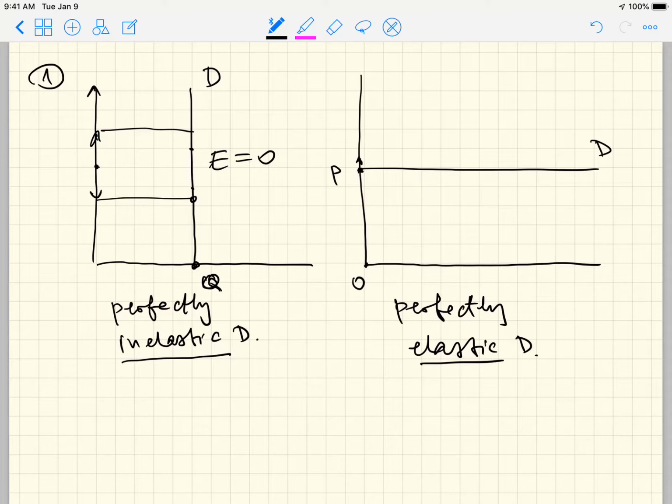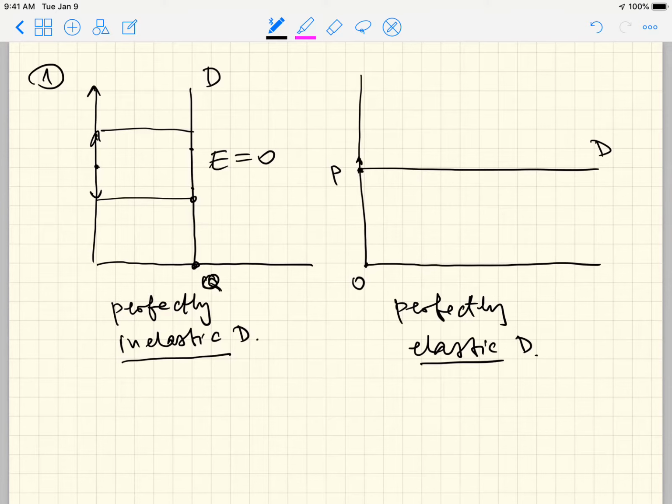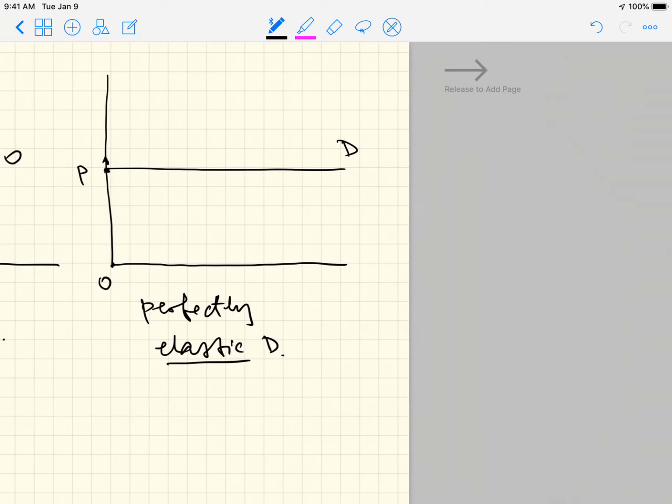All right, next on our list is to look at the relationship between total revenue and price and see how this relationship is affected by elasticity. To do so, we're going to draw two graphs. One is going to show a demand curve, with prices 1, 2, 3, 4, 5, 6.